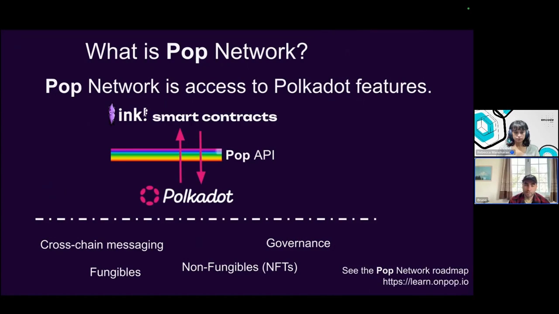And one of the things that we're working on with POP API is abstracting that a bit, giving a smart contract developer the ability to do cross-chain messaging, tapping into XCM, but without having to become an XCM expert. So we're simplifying the developer experience. You no longer necessarily have to build a parachain. A lot of the solutions you can build on the smart contract level using Ink.